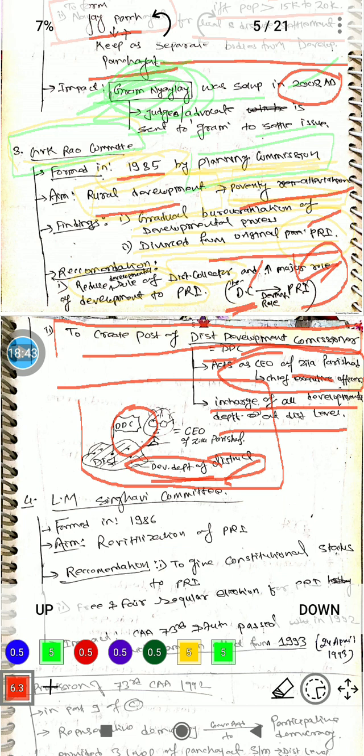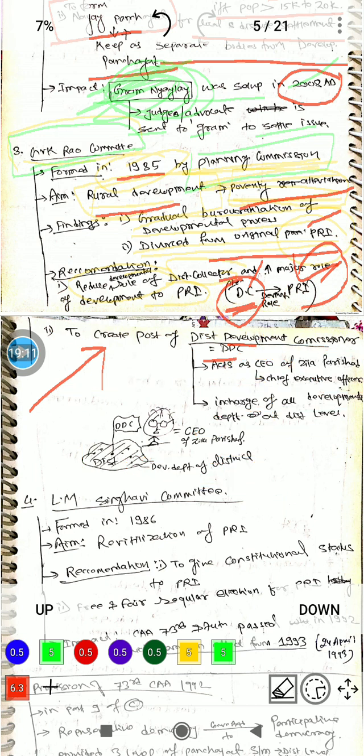It recommended that the district collector's role in development should be reduced and given to the PRI. It also suggested creating the post of district development commissioner, who will act as the CEO of the Jilla Parishad and be in charge of all the development departments at the district level.